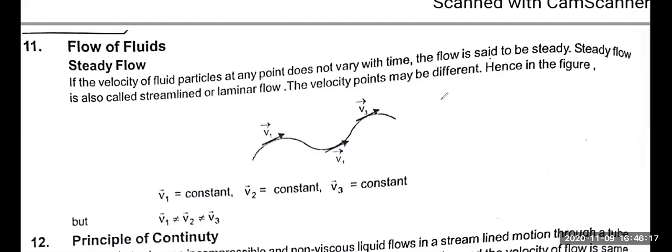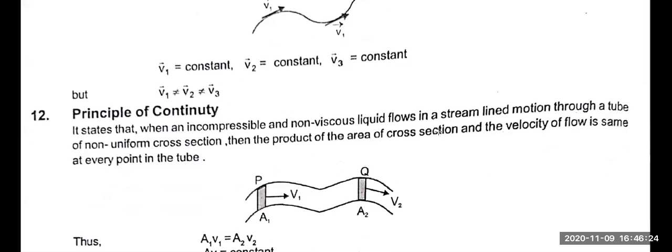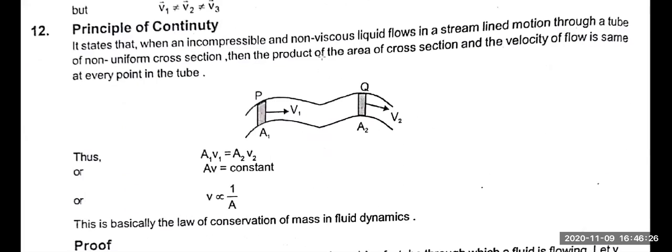Let's try to put this concept into equations. So let's understand what the principle of continuity is. It says that if we have any incompressible or non-viscous fluid flowing in streamline, then the amount of liquid flowing at any instant will be the same throughout the liquid. Yes or no?